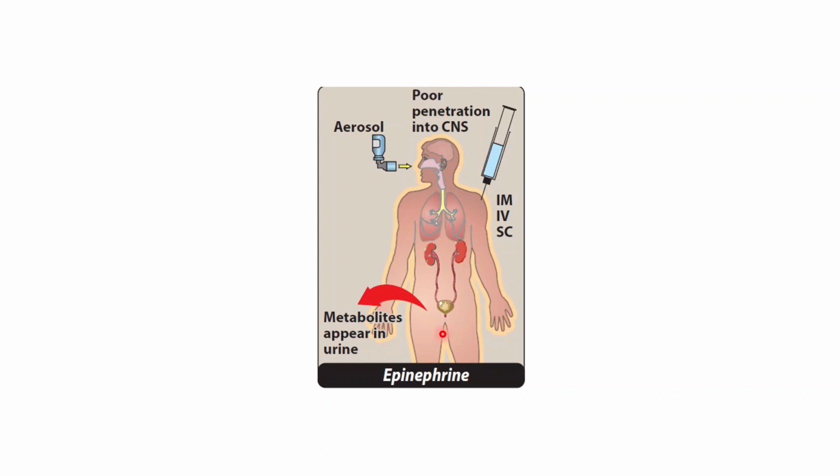Adverse effects include central nervous system effects: anxiety, fear, tension, headache, and tremor. It can trigger cardiac arrhythmias, particularly if the patient is receiving digoxin, and epinephrine can also induce pulmonary edema.